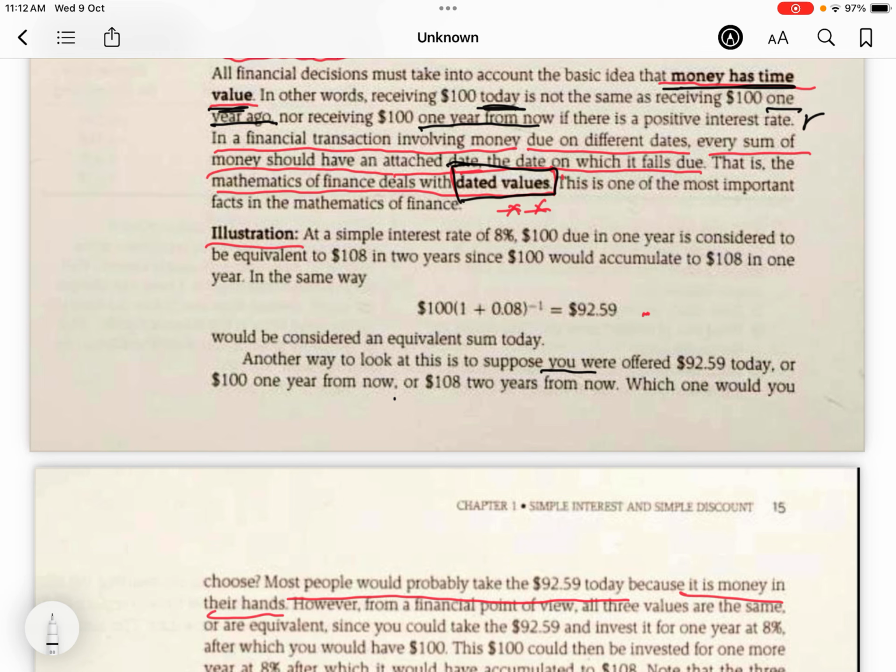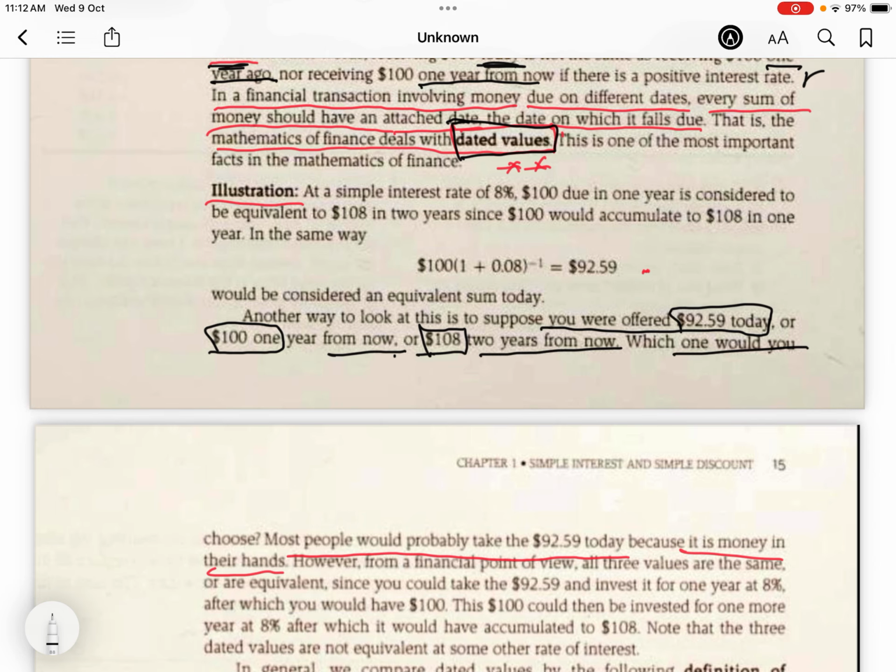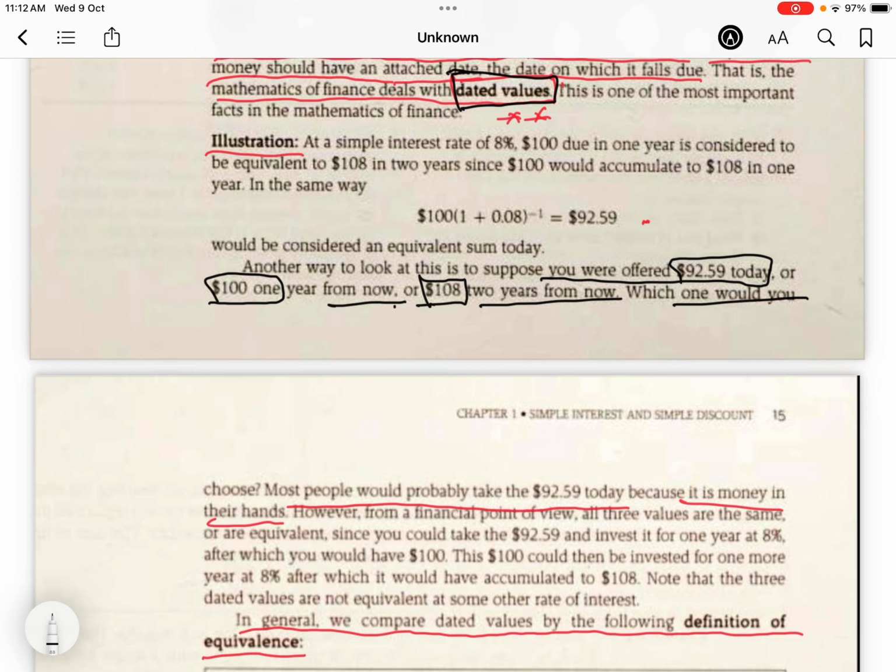You have here cash money today, or this after 1 year from now, or 108 2 years from now. We will see most people would probably take the 92.59 today because it is money in their hands. It's correct. However, from a financial point of view, all three values are the same.